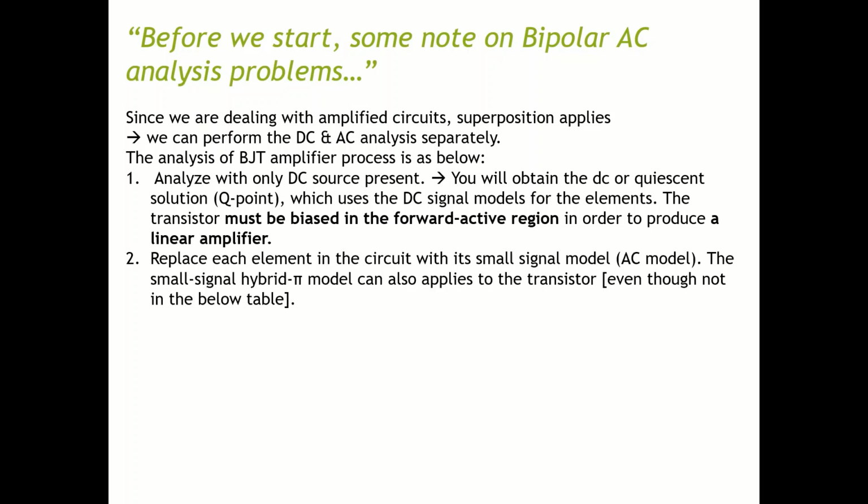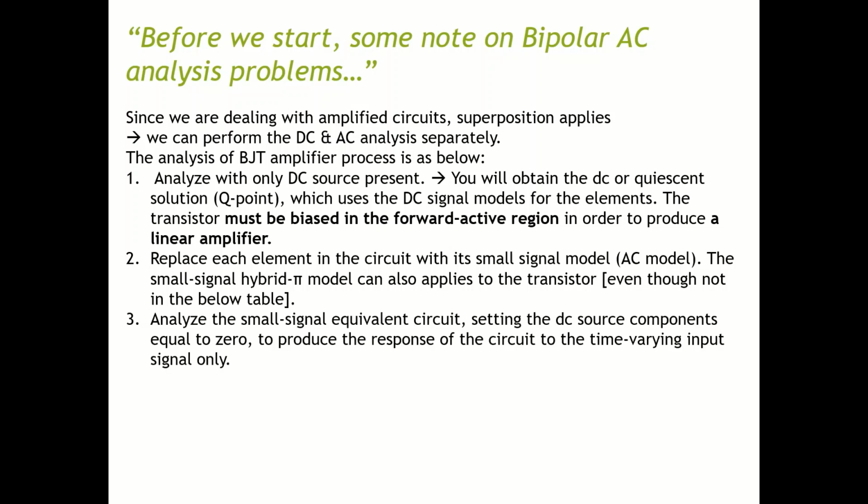The second step is to replace the elements in the circuit with the small signal model, or AC model. The small signal hybrid pi model, which we will discuss today, can also be applied to the transistor.